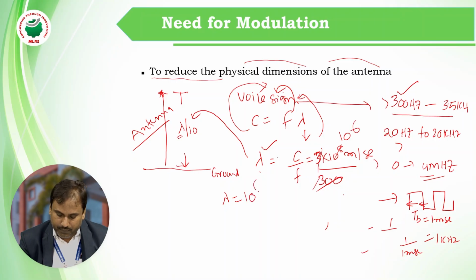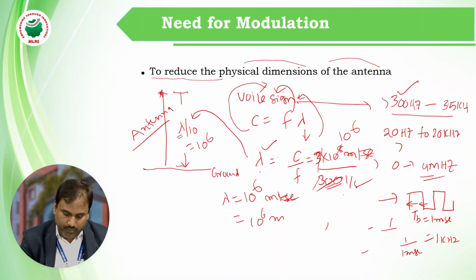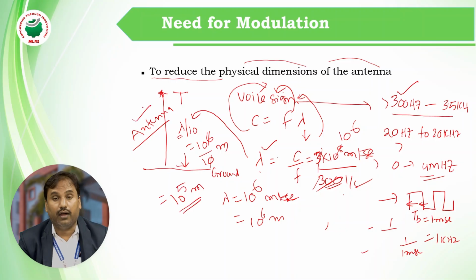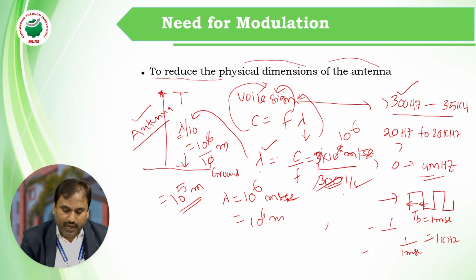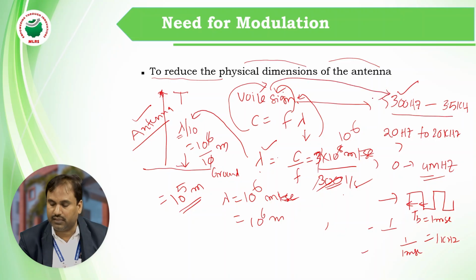Finally you have 10 power 6 meters per second divided by hertz, so the per second cancels, giving 10 power 6 meters. Then if you substitute, lambda by 10 is 10 power 6 by 10 meters, so one zero gets cancelled. So an antenna height of 10 power 5 meters is required to radiate my voice signal with a frequency of 300 Hz.